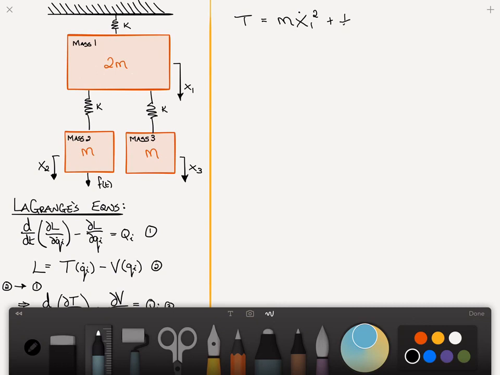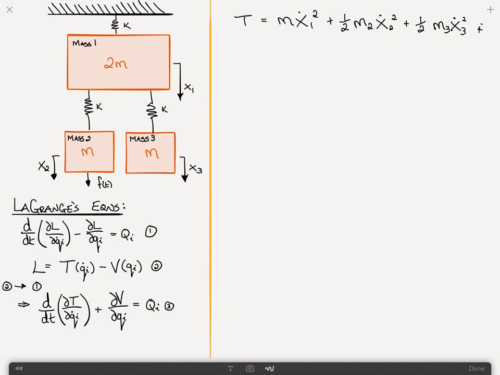Plus, for the second mass, 1/2 m2 x2 dot squared. And for the third mass, 1/2 m3 x3 dot squared.